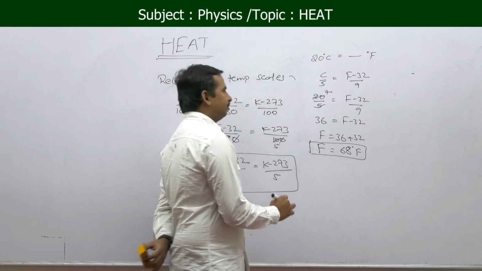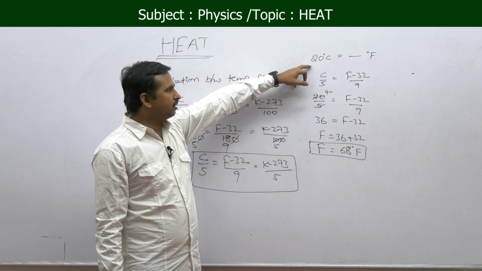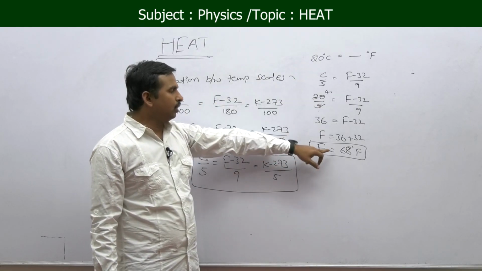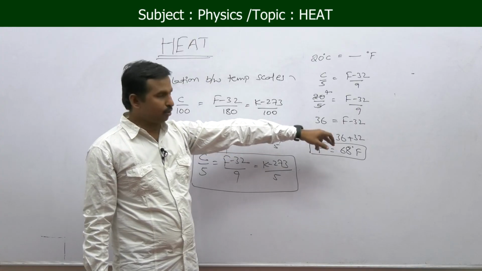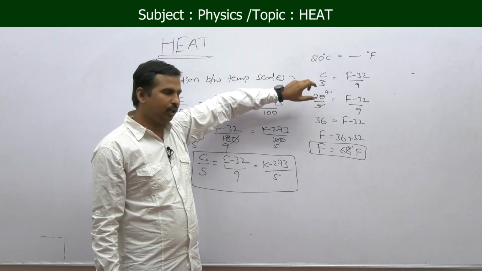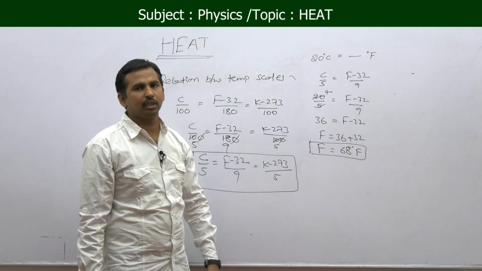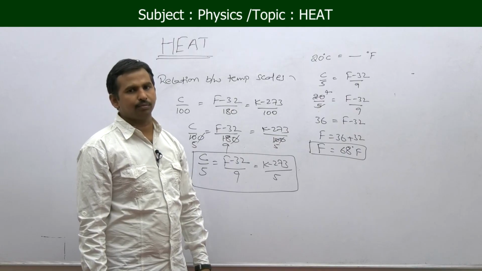So 20 degrees Celsius is equal to 68 degree Fahrenheit.